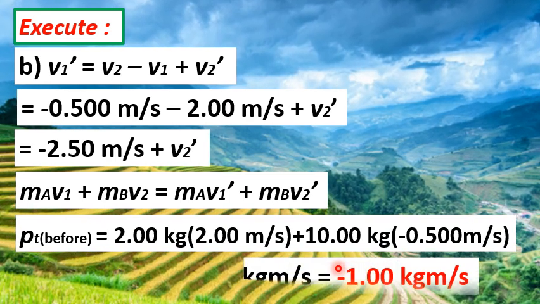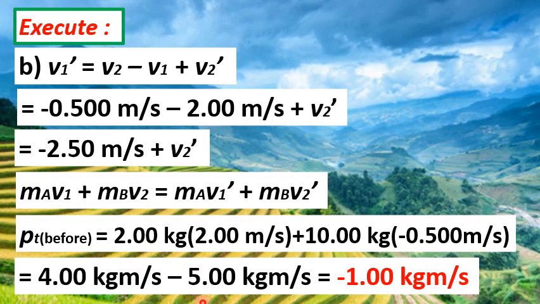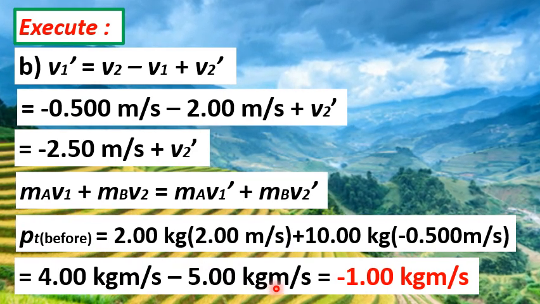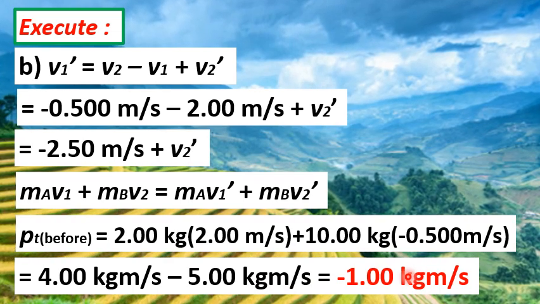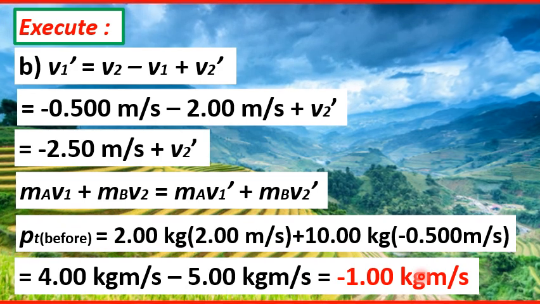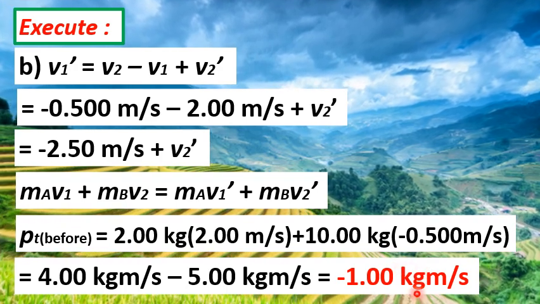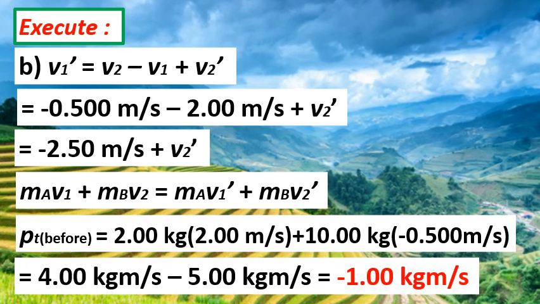So that is simplified to 4.00 kilogram meter per second minus 5.00 kilogram meter per second, or the total momentum before the collision, denoted by P sub t, equals negative 1.00 kilogram meter per second.